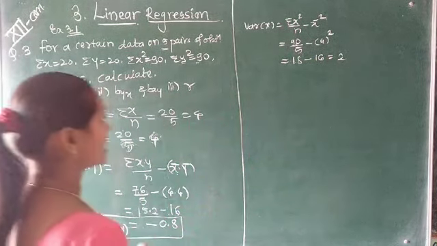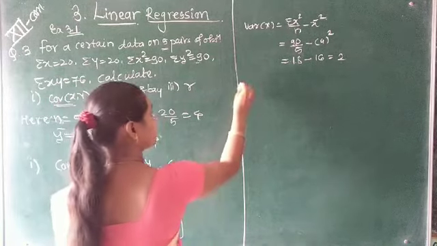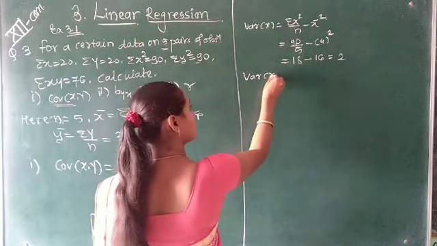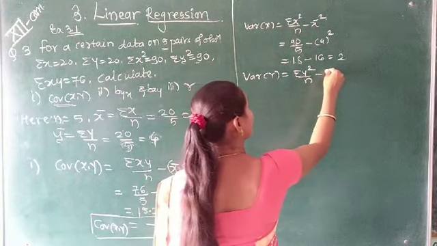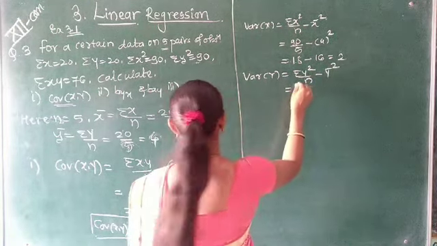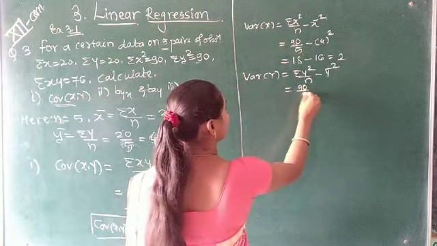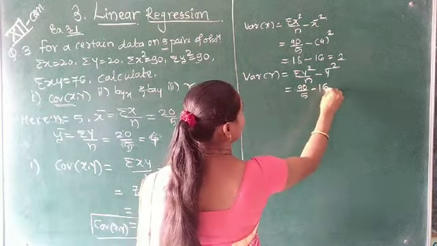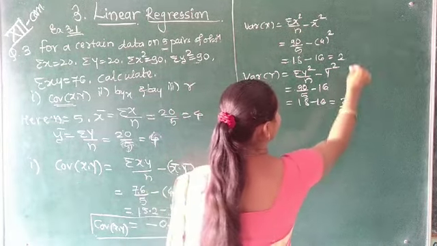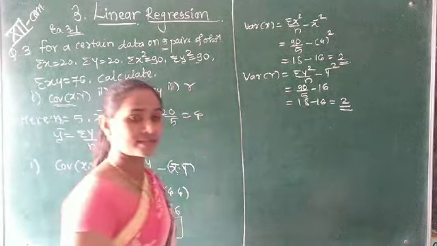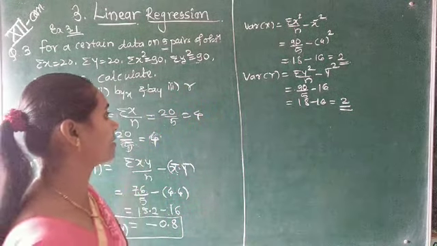So the variance of x is 2. Now find the variance of y: summation y square upon n minus y bar square. Summation y square is also 90. 90 upon 5 minus 4 square is 18 minus 16, that is again 2. So the variance of x and the variance of y are both 2.